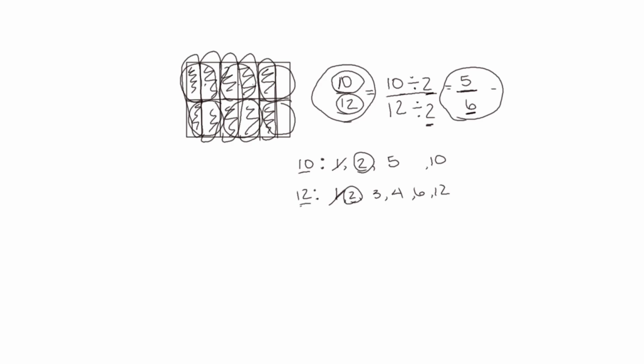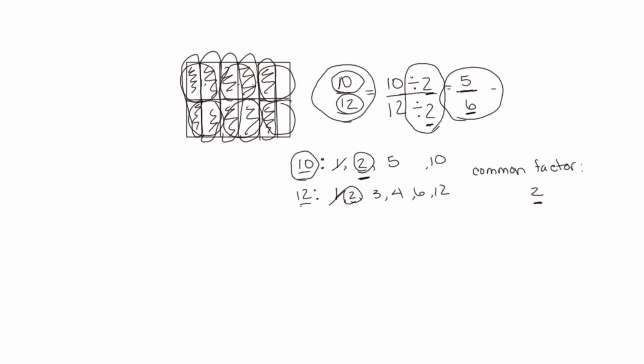So the only common factor, common meaning they're on both lists, for 10 and 12 is 2. So that's the number we're going to divide by. We're going to divide by the common factor, because if the number is a factor of the total that we're looking for, then we can also divide that number evenly by that factor.